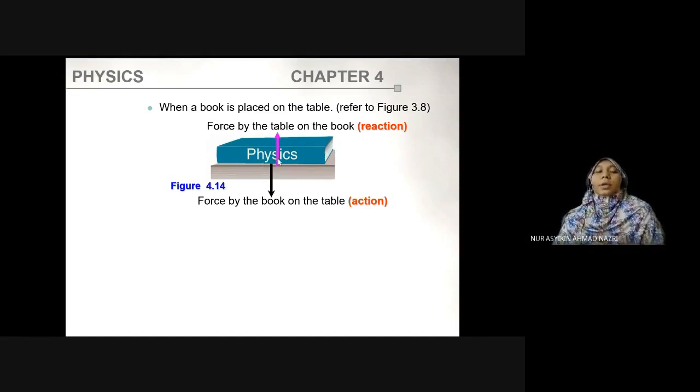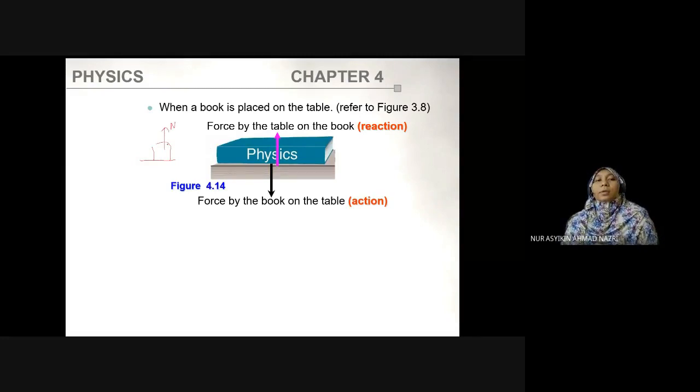Contoh yang ni. Okay, so persoalannya, adakah new normal force? Okay, adakah normal force is your reaction to your W?